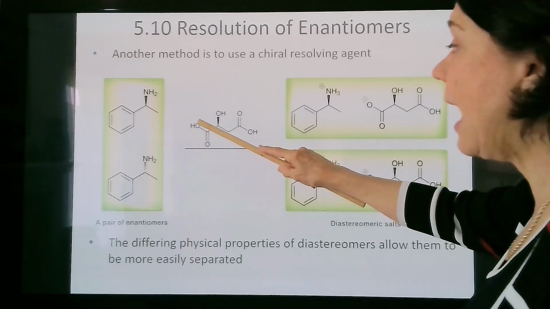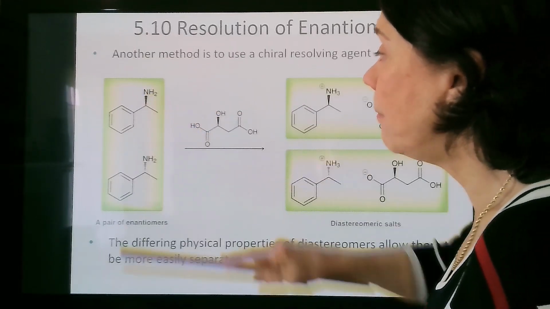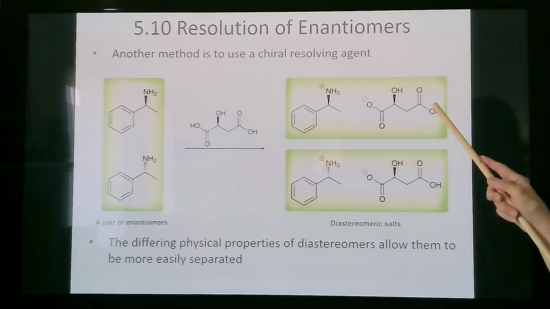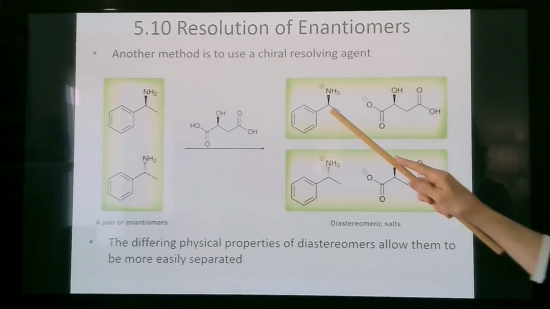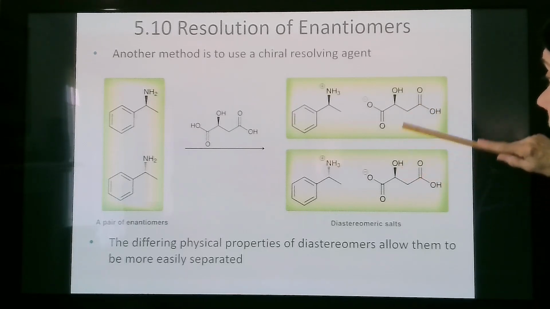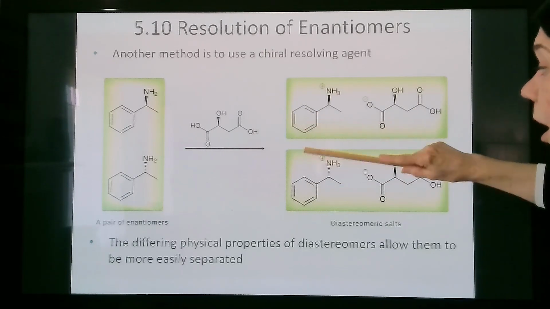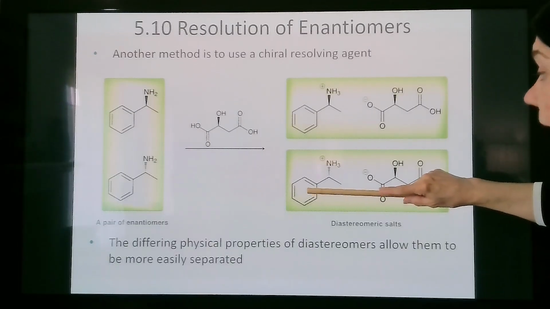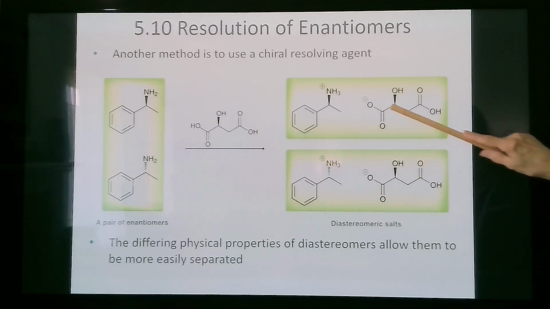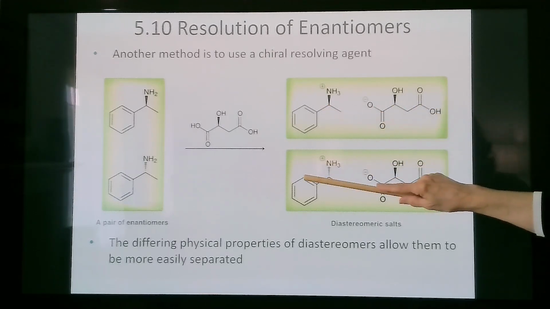So this acid simply protonates the ammonia, and once again, it will create this salt. And here, these two pieces are the same. These two pieces are mirror images. And so this is a diastereomer. Okay? This is a diastereomer of that.